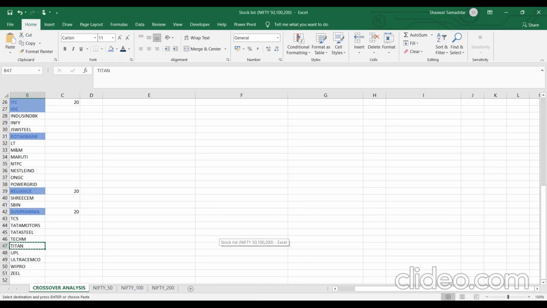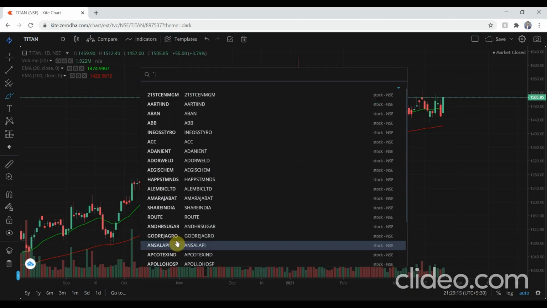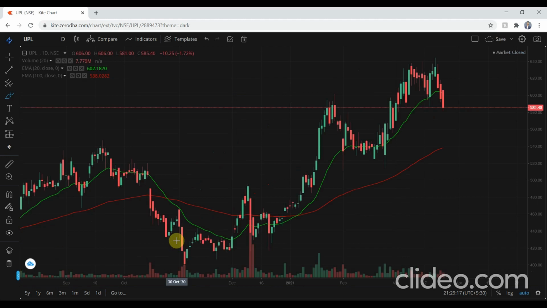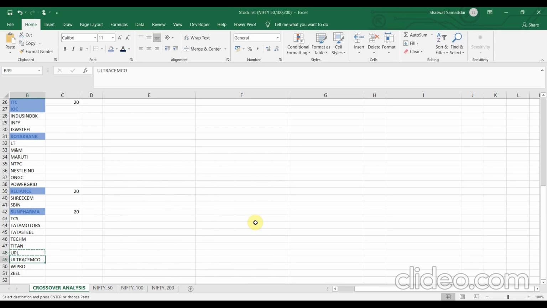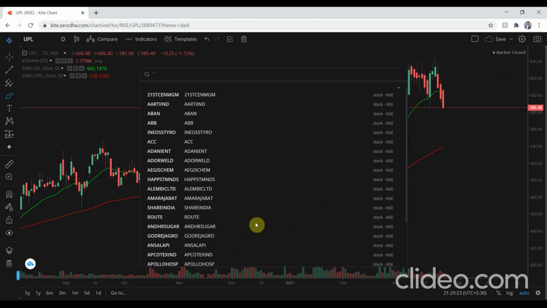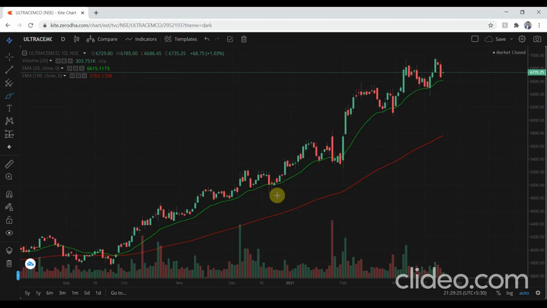In about 15 days, we might want to check these crossovers once again for the 20 and 100 EMAs. Next is UPL. Okay, it's well above the 100 EMA again. Ultratech. It's well above.